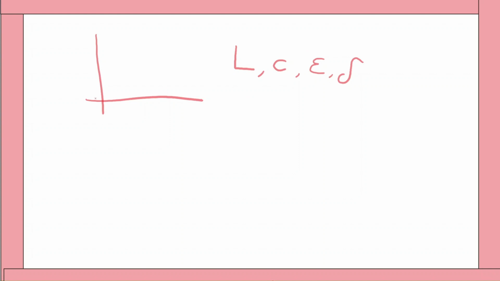So for the graph's sake, let's just say we had some value C. And then we had another value over here, and it's going to be C minus your sigma. And then on the other side we have the C plus the sigma. And then we're going to have something really similar going on the y-axis.